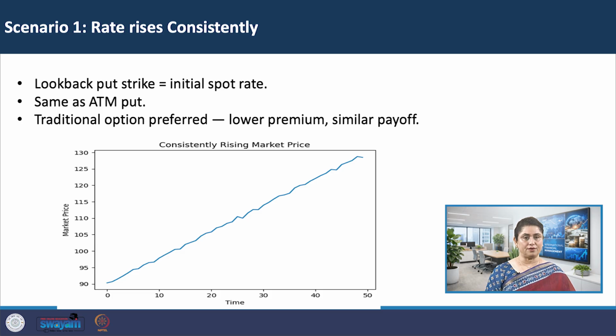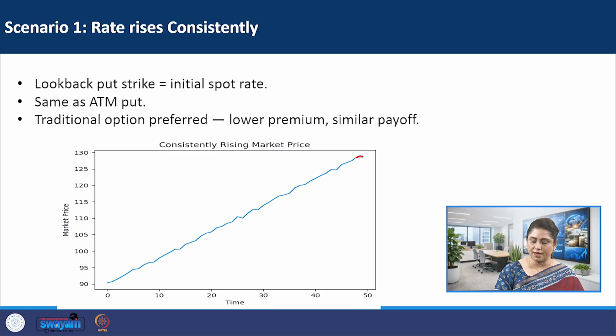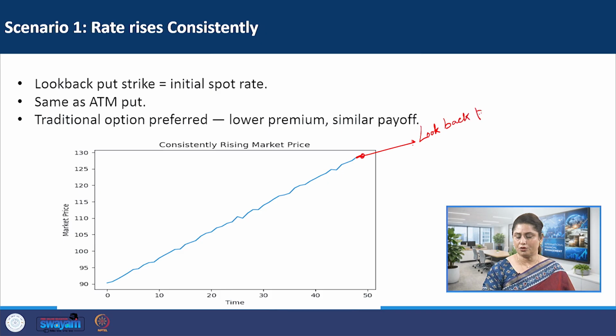Let's say the initial rate. So, here if we see, this particular rate is the lookback put option strike price. And this is also equal to the market price at the time of expiry.